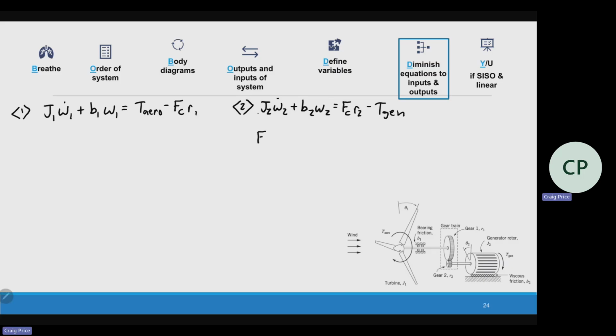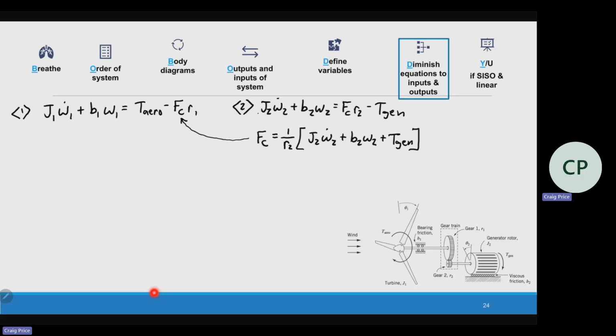So FC, contact force. If I add T gen over to the other side, and then I divide by R2, I've got J2 omega 2 dot plus B2 omega 2 plus T gen. And we are going to just plug that right into there, because I know that the contact force is equal and opposite.